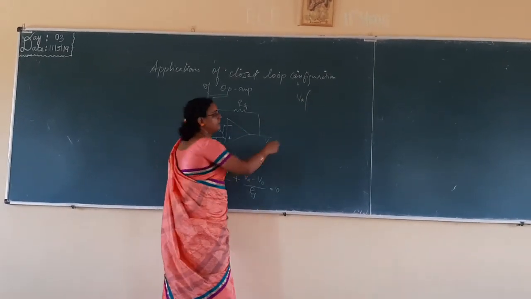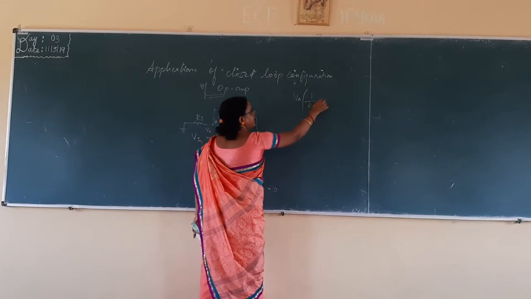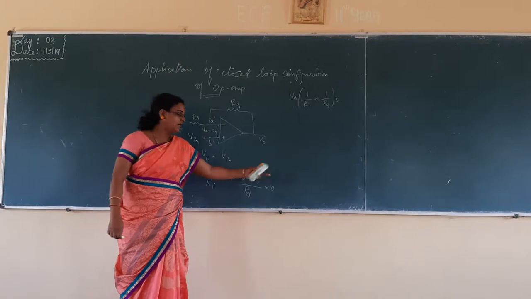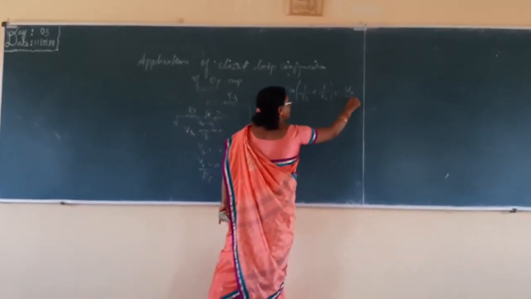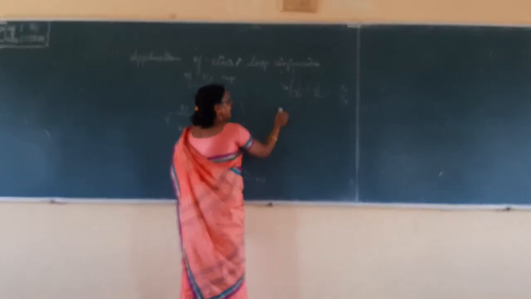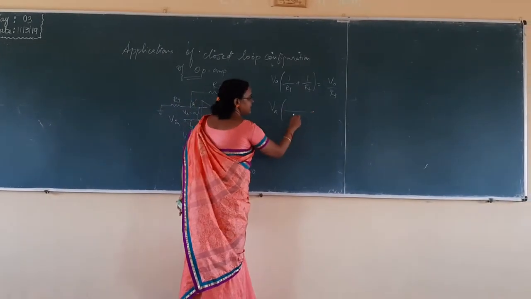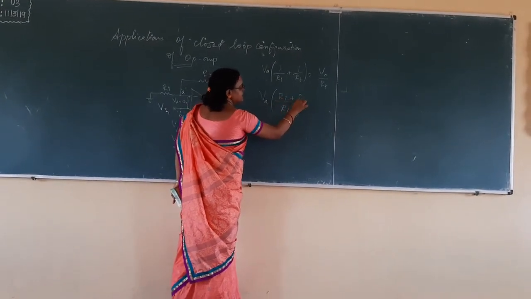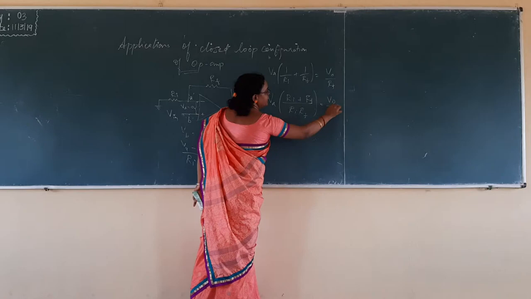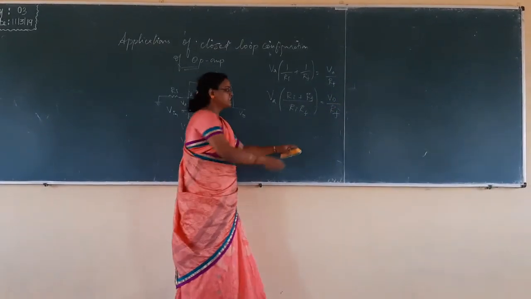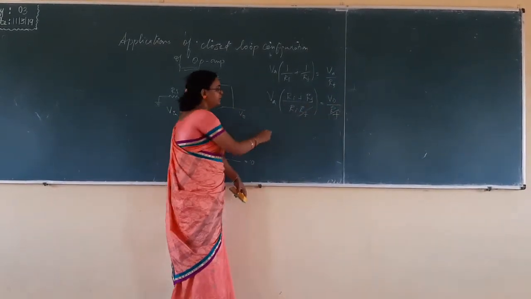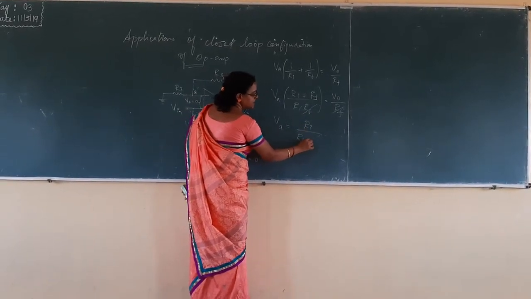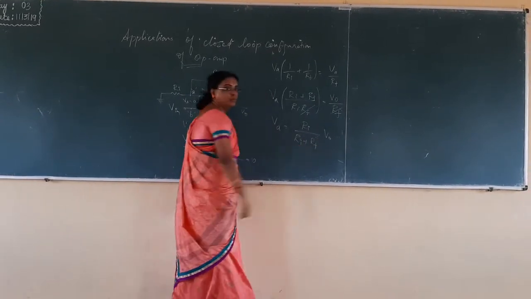Taking Va common, Va into (1 by Ri plus 1 by Rf) is equal to, taking V0 to the other side, V0 divided by Rf. Taking LCM, Va into (Ri plus Rf) divided by (Ri into Rf) is equal to V0 divided by Rf. Cancelling the Rf terms, we get Va is equal to Ri divided by (Ri plus Rf) into V0.